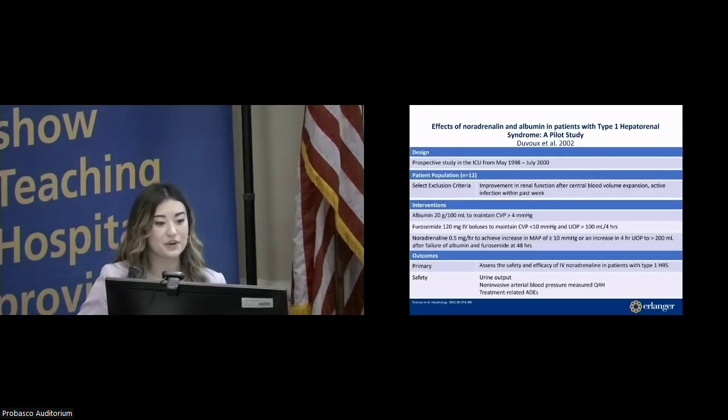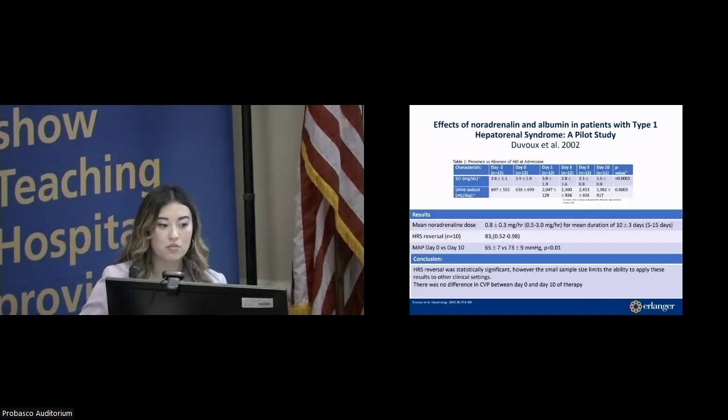The first study we're going to look at looks at whether norepinephrine can be used as a treatment modality for these patients. The overarching rationale is to look at what details brought us to the conclusion of using norepinephrine as an option. As you can see, HRS reversal occurred, however, it was in a very small sample size of 10 patients.